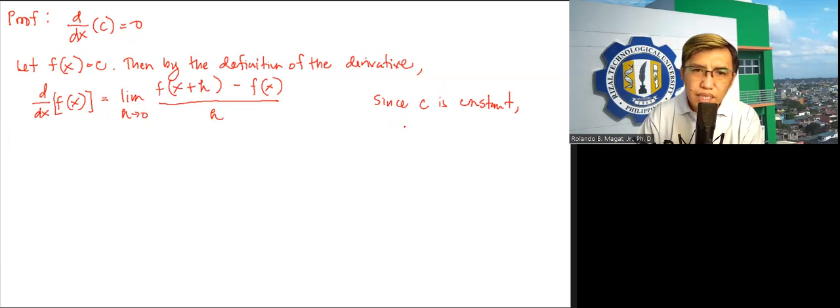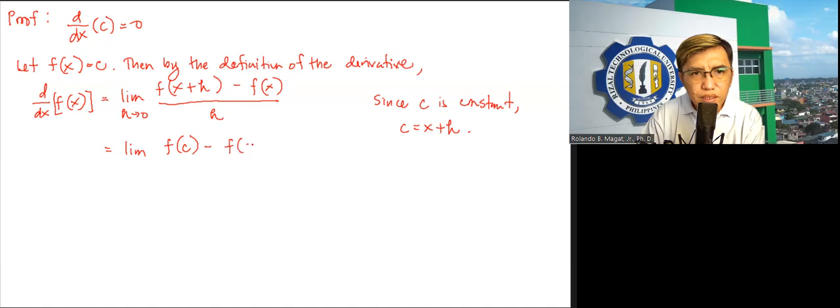So we can say that C is equal to x plus h. Therefore, we have the limit of f of C minus f of C all over h as h approaches 0.